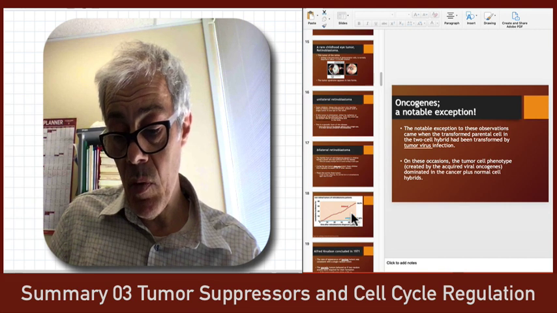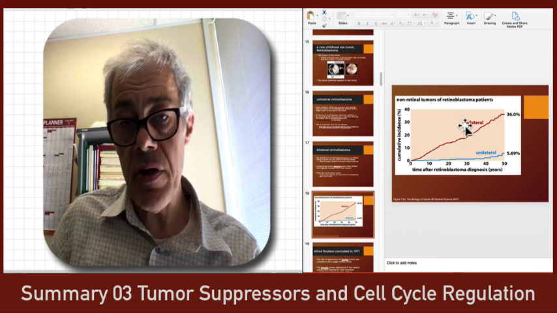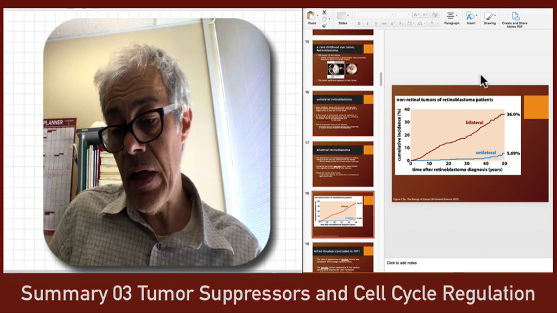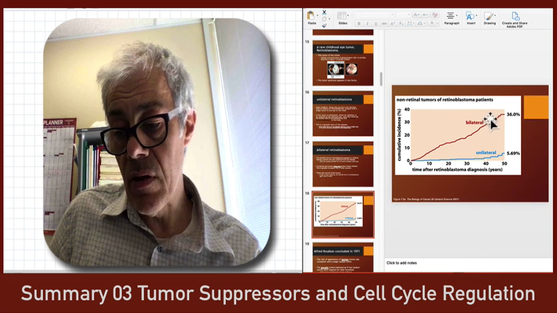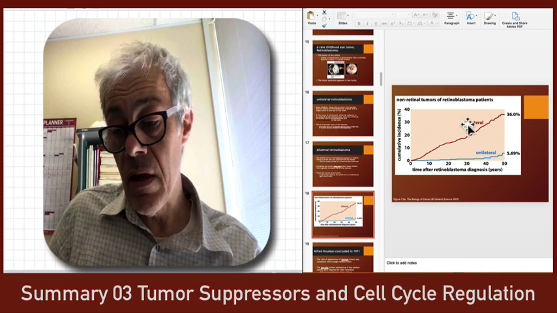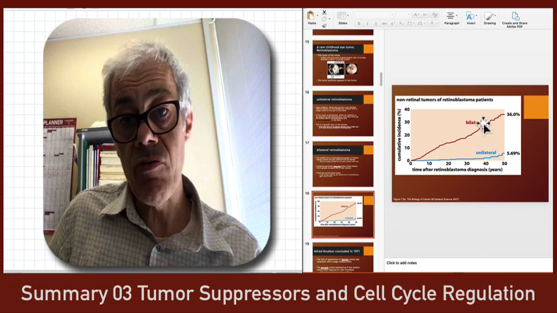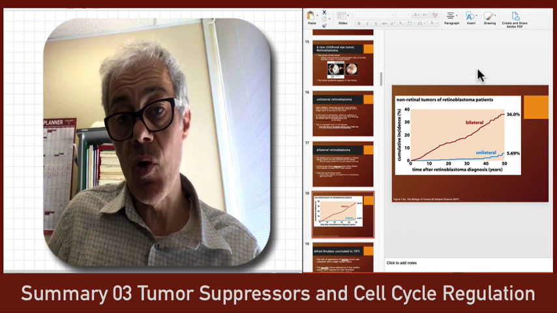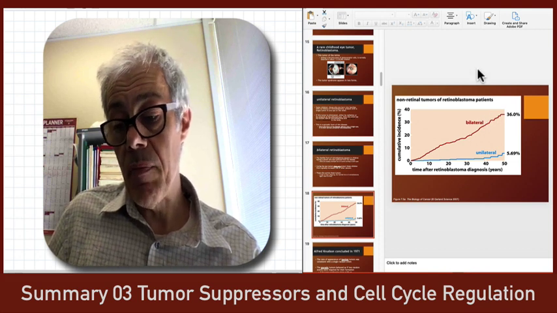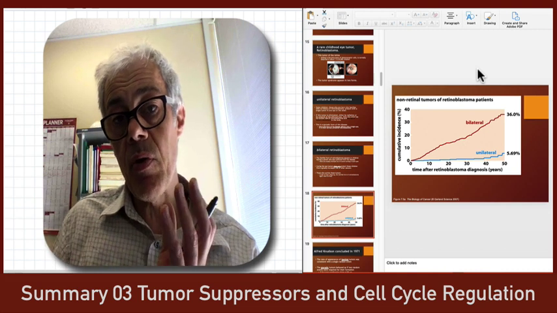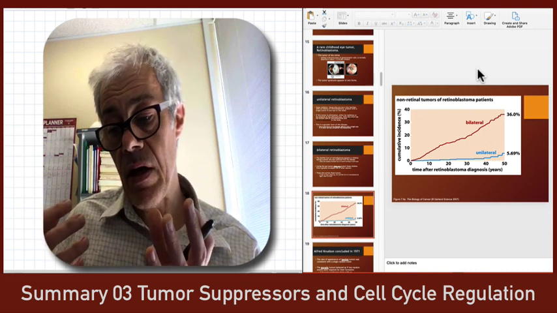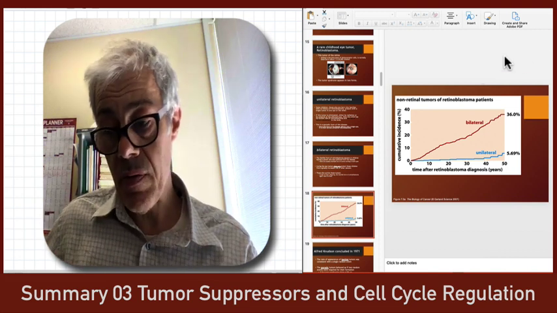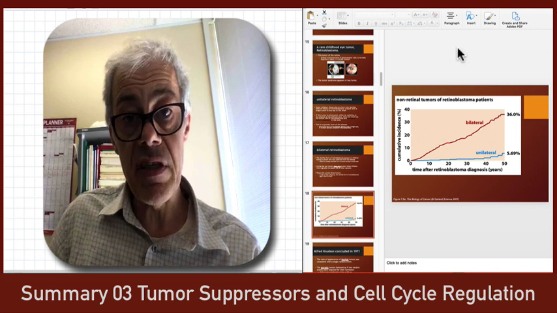He identified that you can have cancer in one eye or both eyes, so it can be unilateral or bilateral, and he was able to conclude that bilateral retinoblastoma was an inherited form of the disease, where during development both alleles were affected, leading to the disease in both eyes.